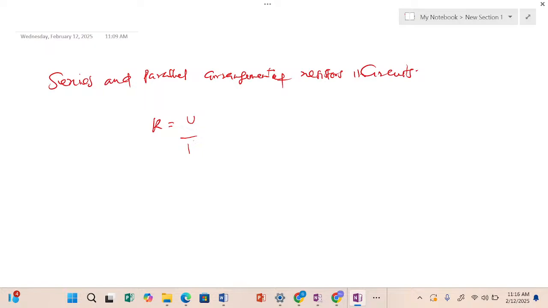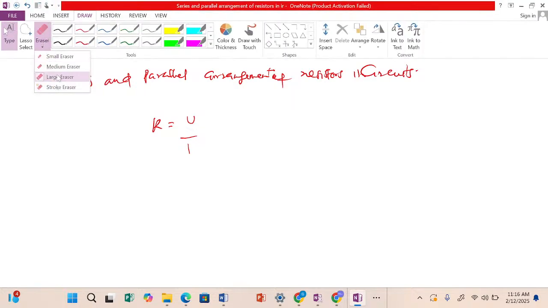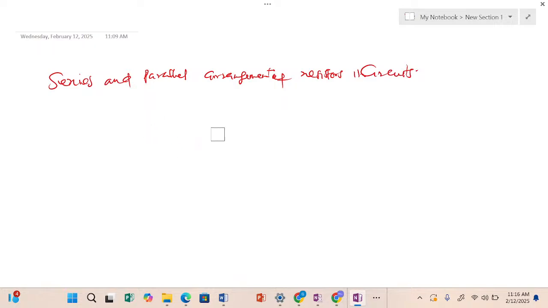You know that resistor opposes the flow of current in a circuit, right? So today we are going to dive into series and parallel arrangement of resistors in circuits, right? So kindly pay much attention to what I'm about to do, then we can take it from there, right? Good. So first we are going to start with series arrangement.